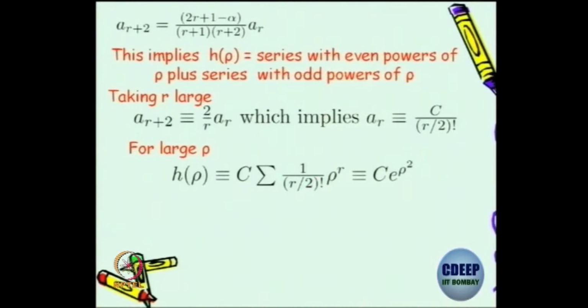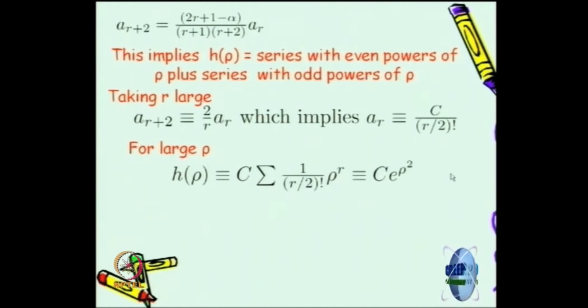So for large rho, you can approximate h of rho, it's not exactly equal, by taking this AR. This you can do only for large rho because the dominant contribution will come from those coefficients. So you can approximate h of rho for large rho to look like c to the power of rho squared.